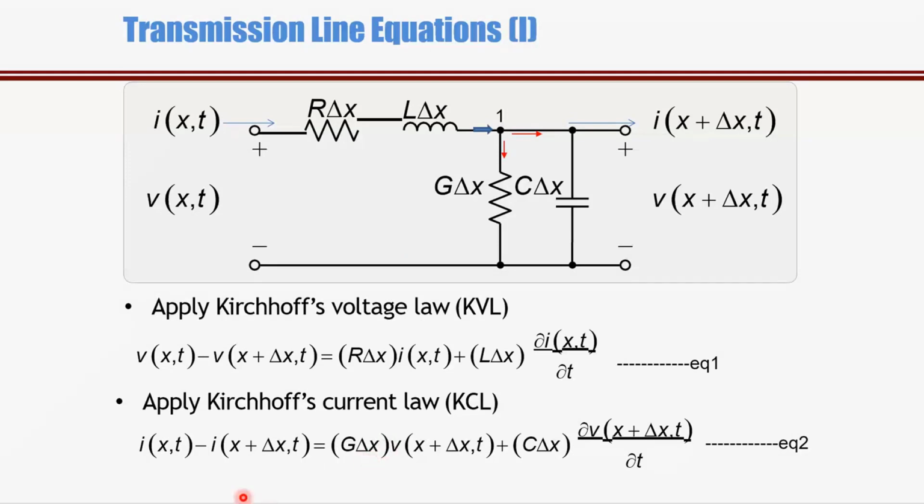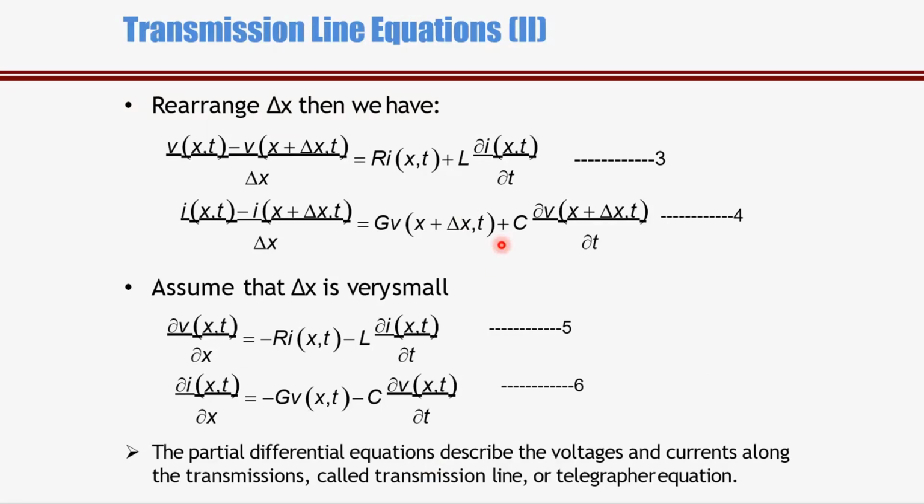G, delta x is gone to the left hand side. So G into V of x plus delta x comma t plus C into dou V of x plus delta x comma t divided by dou t. So these are equation number 3 and equation number 4.